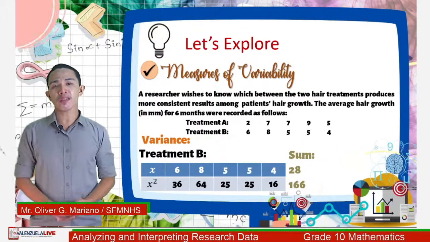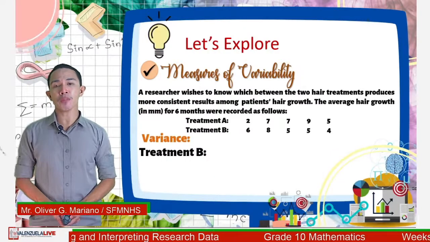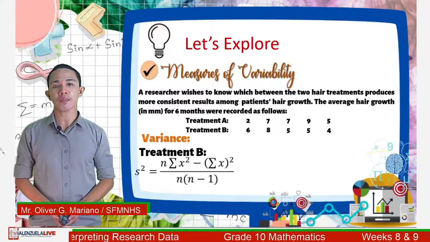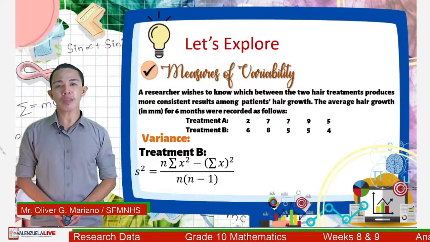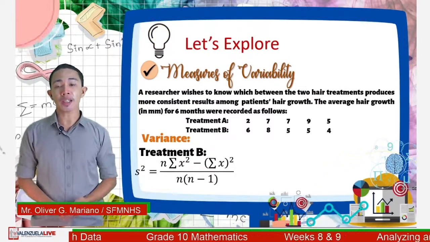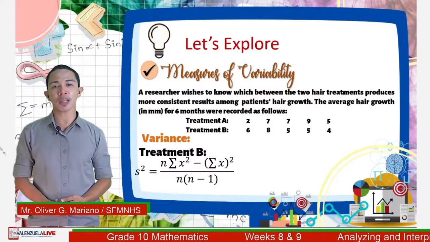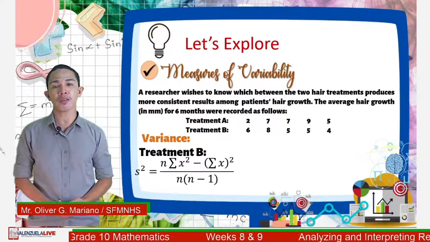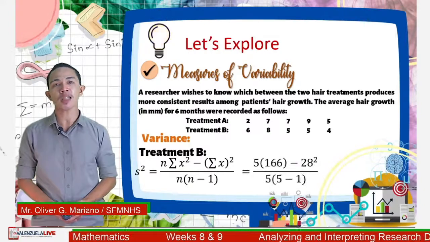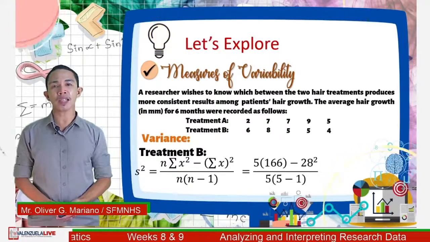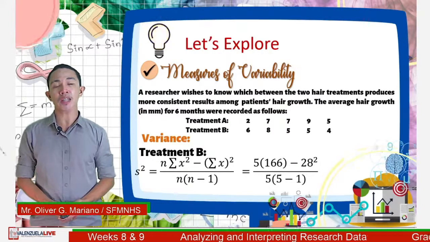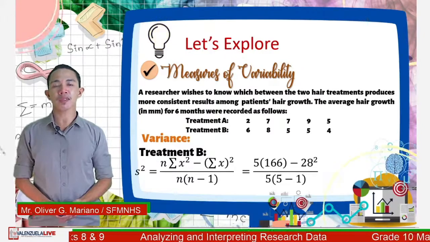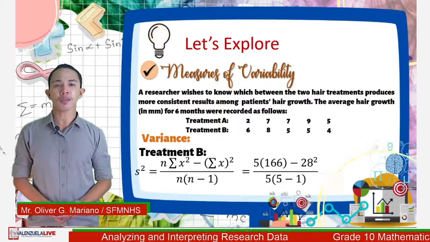Using this, we can now compute for the variance for treatment B. Using the same formula, s squared is equal to n times the summation of x squared minus the square of summation of x all over n times quantity n minus 1. We have 5 times 166 minus the square of 28 all over 5 times quantity 5 minus 1.